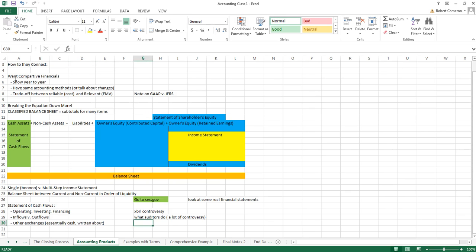And then, I made a little note on what auditors do. Auditors look over the financial statements and make sure they were done properly. I won't get into the controversy of auditing just yet. This is already turning out to be a long video, so I'll get into it later. But like all of accounting, I can explain these terms to you, the accounting equation, the different aspects, and the different financial statements, but I think the best way we learn is by example.